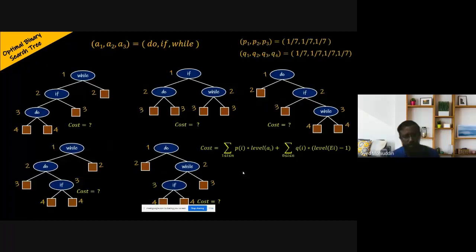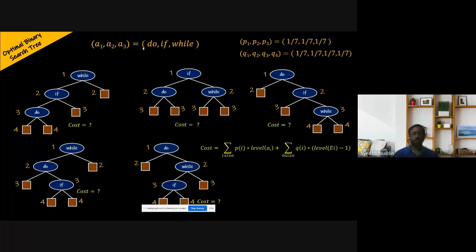Let us look at a tree with 3 elements. We had just now seen the comparisons made for a tree with 5 elements, but for calculation purposes, we are taking a tree with 3 elements.